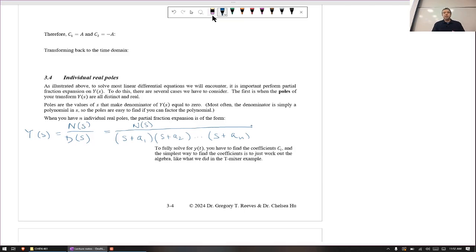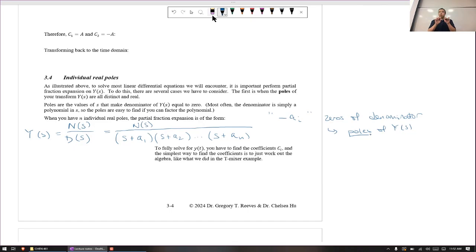Okay, and these A's, or the minus A_i's, are the zeros of the denominator, which is the same thing as the poles of Y of S. So the zeros of the denominator are the poles of the Y of S. So let's say your denominator is some polynomial in S, like S to the fourth plus A S cubed plus whatever, right?